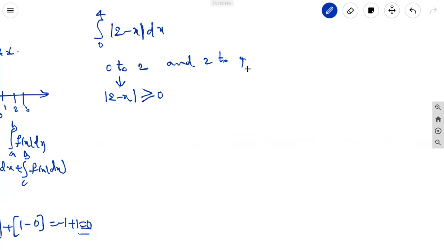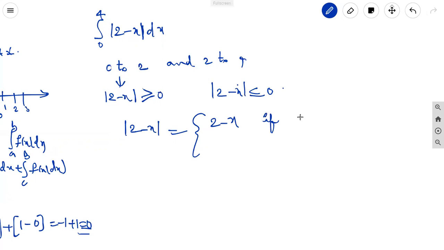And 2 to 4 means 2 minus x is less than or equal to 0. So we can write modulus of 2 minus x is equal to 2 minus x if 0 is less than or equal to x is less than or equal to 2.